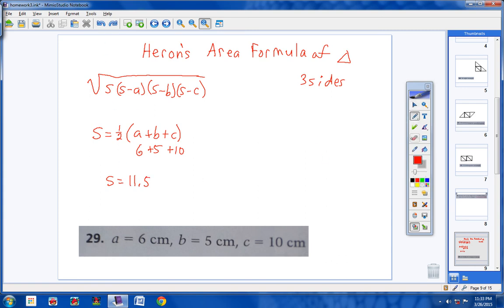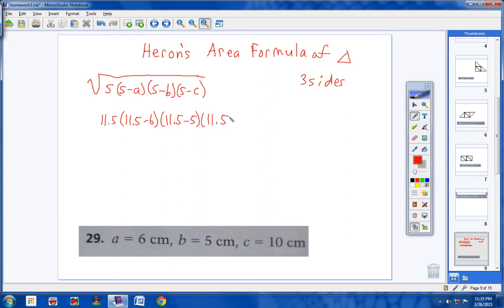With that in mind, everywhere there's an S, I'll put 11.5, and then we have 11.5 minus 6, which is A, and then 11.5 minus B, which is 5, and then 11.5 minus C, which is 10. So next I have the square root of 11.5 times 5.5 times 6.5 times 1.5.